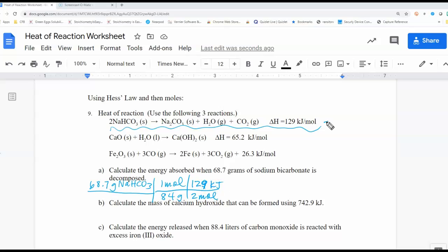And I can see that the way that is set up, that is endothermic. So in doing that math, I have 68.7 divided by 84 times 129, and that's divided by 2. And so I end up with 52.8 kilojoules.